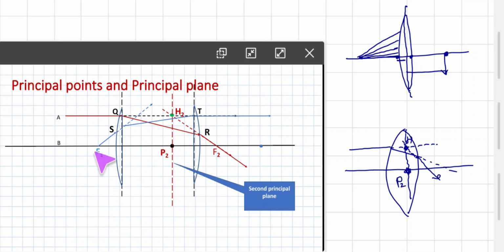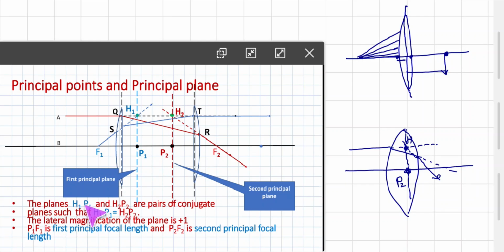We know that a ray emerging from the focal point goes parallel, and when a parallel ray is incident on the lens, it passes through the second focal point. So this is the first focal point. Now the ray which is traced here, and this is the line, otherwise it would have gone straight, that is the point H1, and the plane passing through it is called the first principal plane. So this is the first principal point P1, and the plane passing through H1 P1 is called the first principal plane.